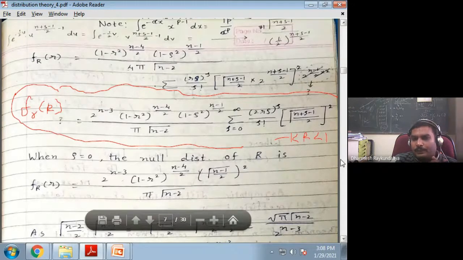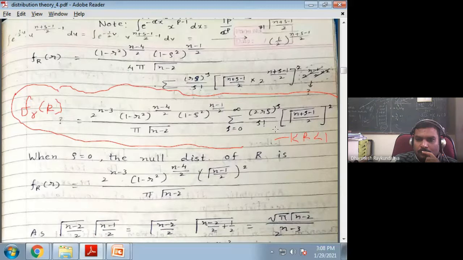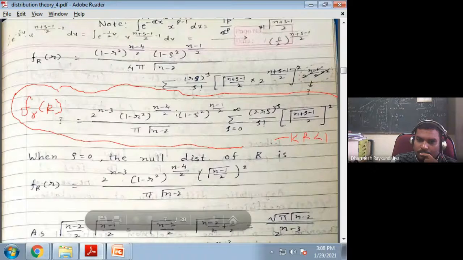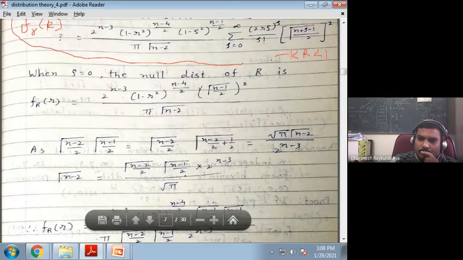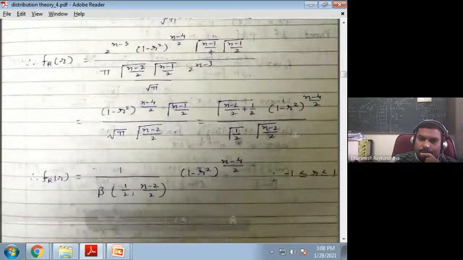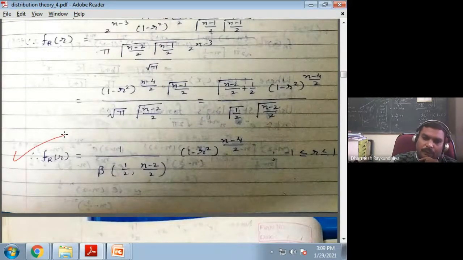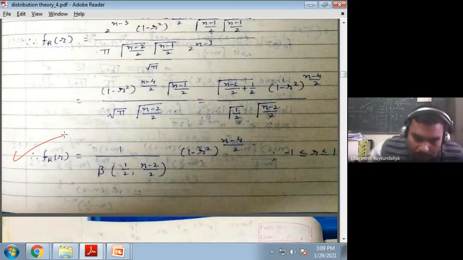Okay, and if you substitute rho equal to 0, put 0 here, what happens? Take the term with rho equal to s equal to 0 here, so this becomes 2 raised to... okay. So this whole quantity becomes 1, this factor is 0, and this becomes gamma n minus 1 by 2 whole square, and plus, with rho 0, everything else becomes 0. So this is 2 raised to n minus 3, 1 minus r square to the power n minus 4 by 2, and this gamma n minus 1 by 2 whole square is here, rho 0 so this is gone. And again you just substitute the duplicate gamma formula, so you will reduce this form, and this is nothing but the distribution of r when rho equal to 0. So you can just verify that. Okay.